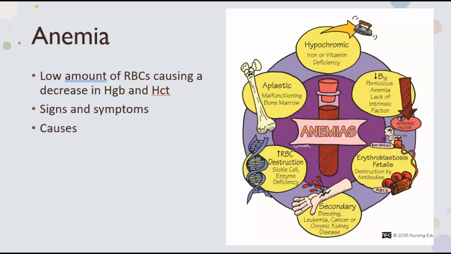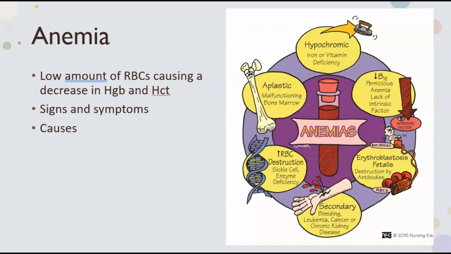If it's a chronic problem, such as pernicious anemia, the problem might be found accidentally on a routine lab draw. They might have general malaise, heart palpitations, or shortness of breath on exertion. So the symptoms aren't going to be as dramatic for chronic anemia.